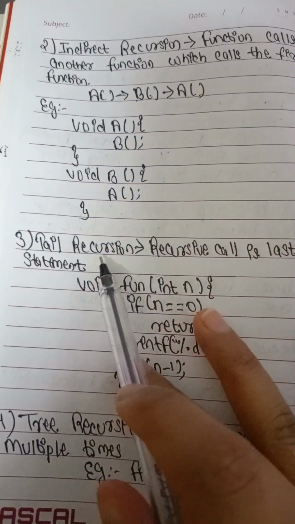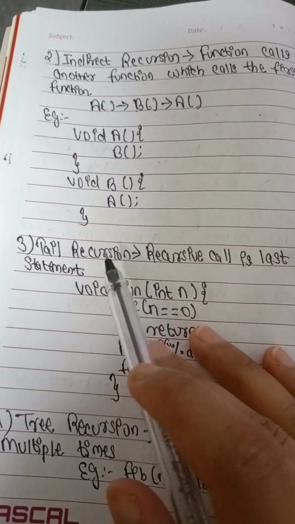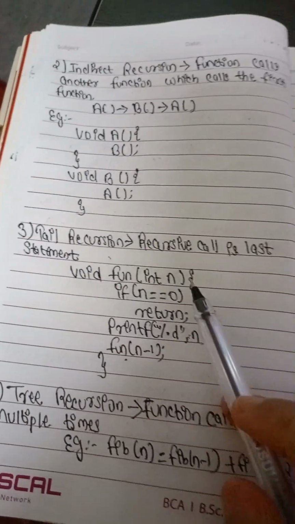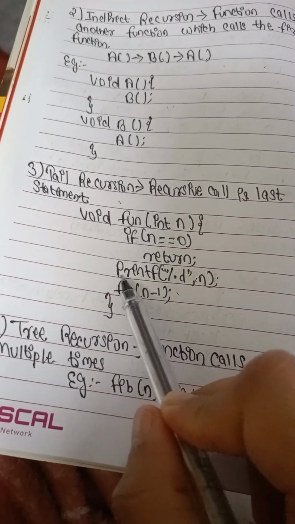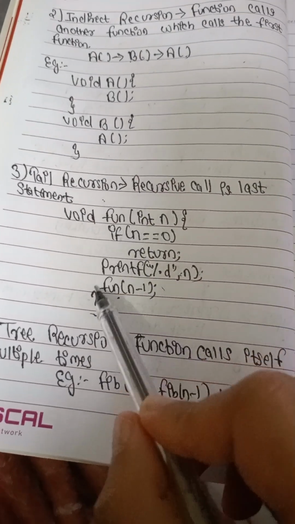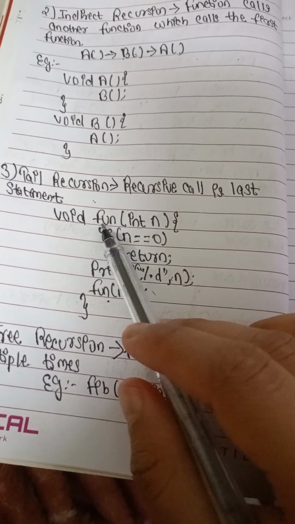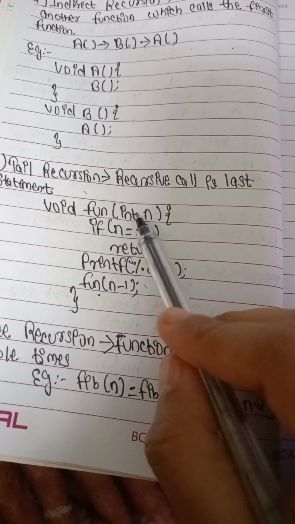And we have tail recursion. Tail recursion means the recursive call is the last statement. So what does that mean? We make the recursive call in the last statement. So this is our recursive call, and we call it in the last statement. As we can see here, void fun, with a function name and the parameter, right?